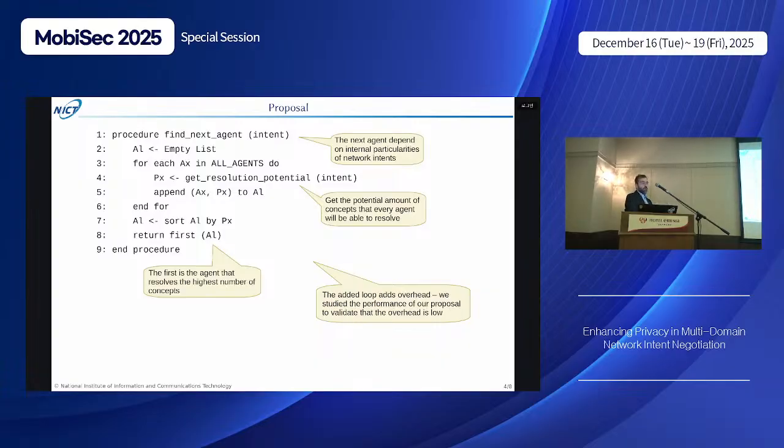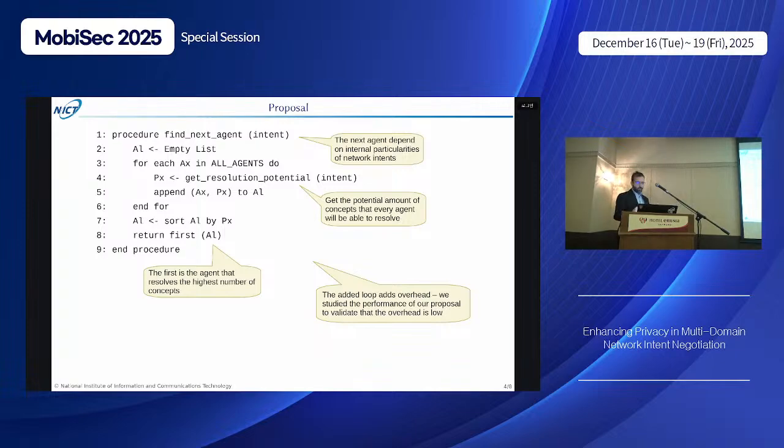With this, we aim to limit the amount of information that is shared after that agent. And as we use this function at each step, we expect to minimize the amount of information shared among all the agents in this multi-agent system.